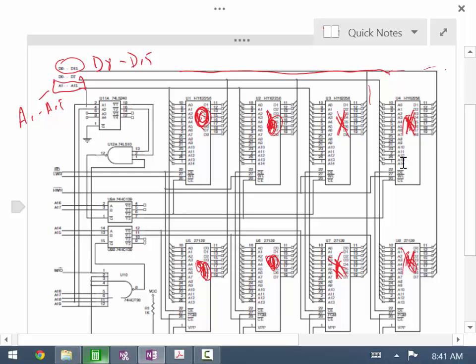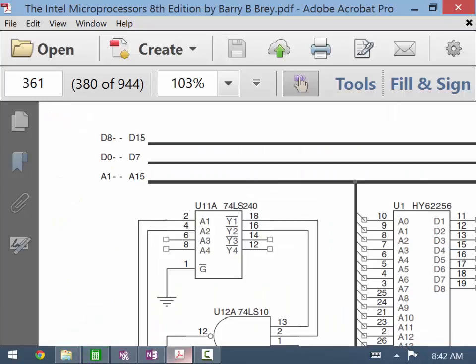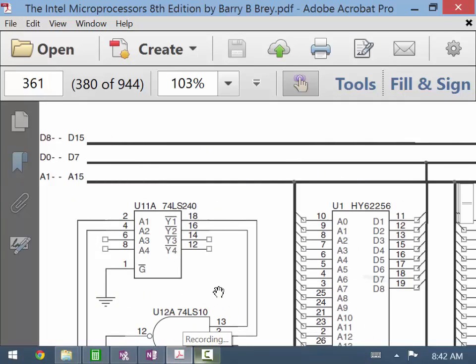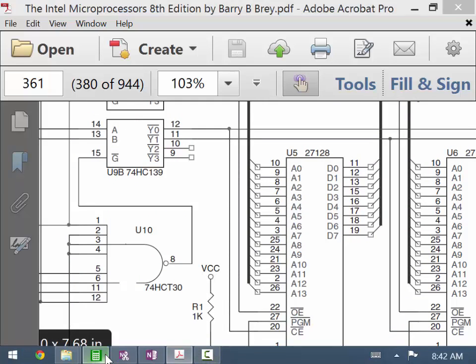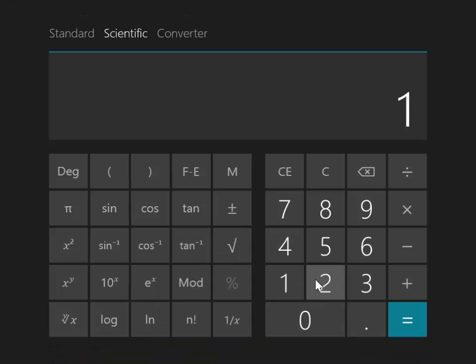So 2 to the 15, so these should be... and these are 128, so 128 divided by 8. That doesn't sound right. Yeah, 128 divided by 8 is 16K.